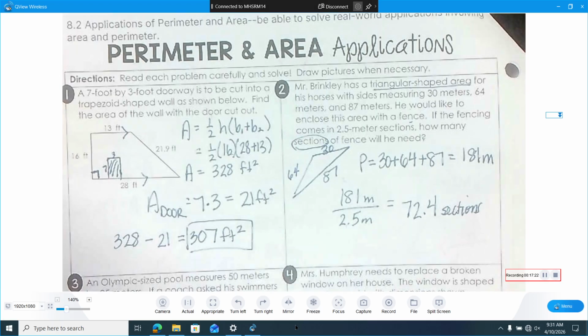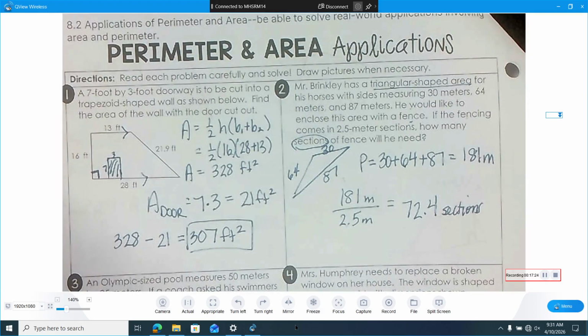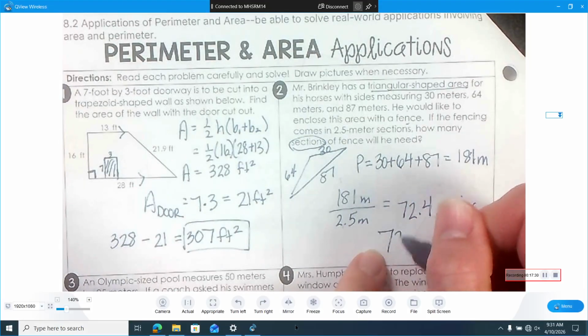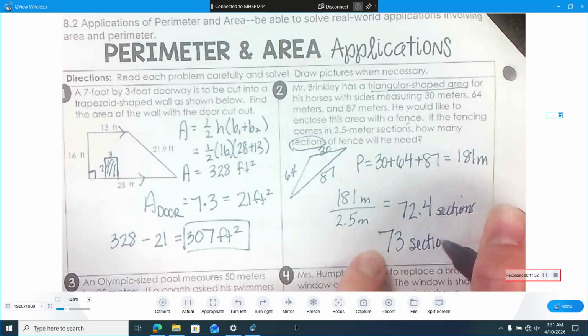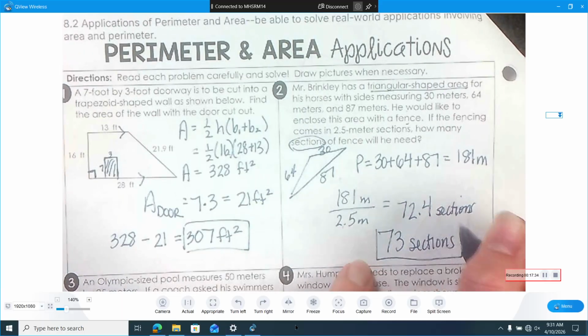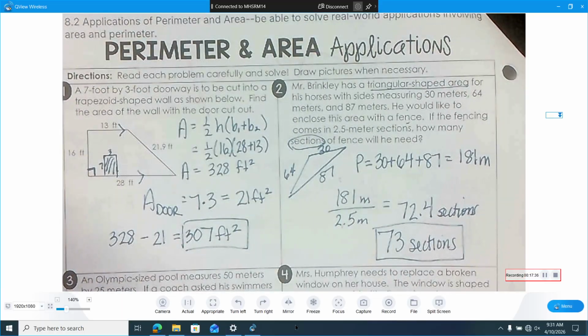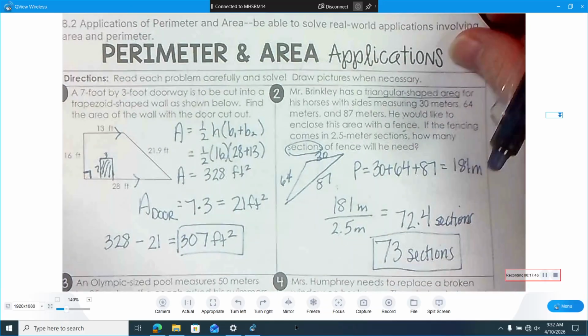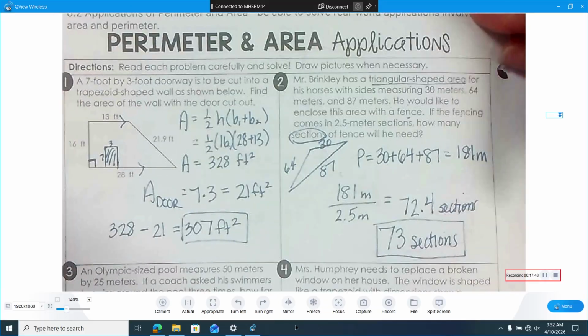The meters cancel out, so now we're talking about sections of wall. So can we buy 0.4 of a section of wall? No. Okay. So that must be 73 sections, because of course we can't really take just a portion. They wouldn't appreciate that. Right? I just want 0.4 of your wall, not the whole thing. Okay. Questions so far?